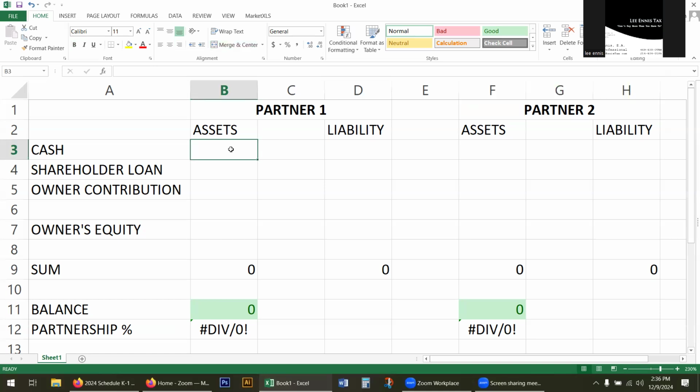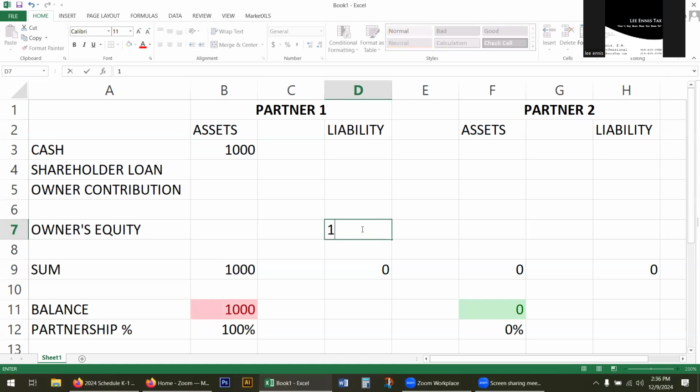Okay, so let's say partner one puts in $1,000 cash. What that means is that this partner now has equity of $1,000, and as you can see, they own 100% of the partnership.